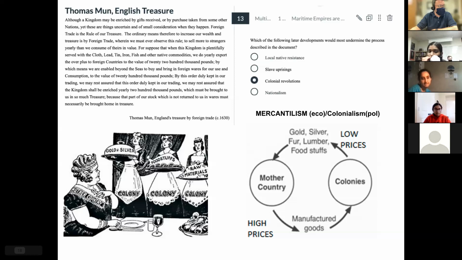The mother country is the glutton receiving the benefits of the colonies. It's a closed system. Wealth is supposed to accrue in the mother country. And that's what this passage is talking about up here. It's an Englishman talking about entering this colonial gain will keep wealth in our treasury.